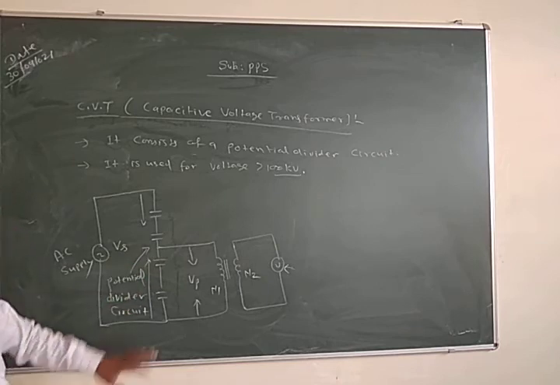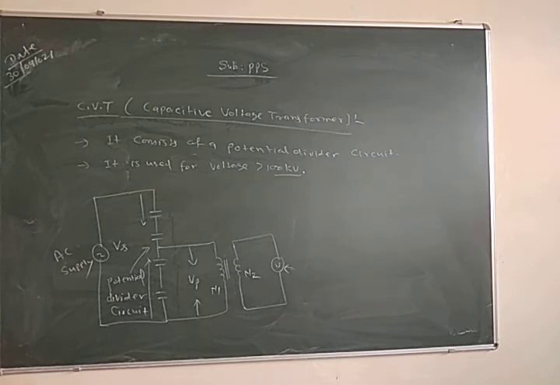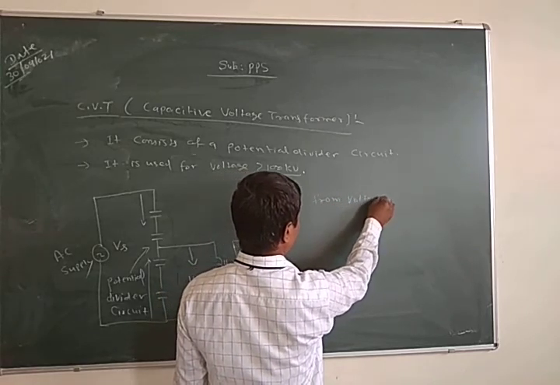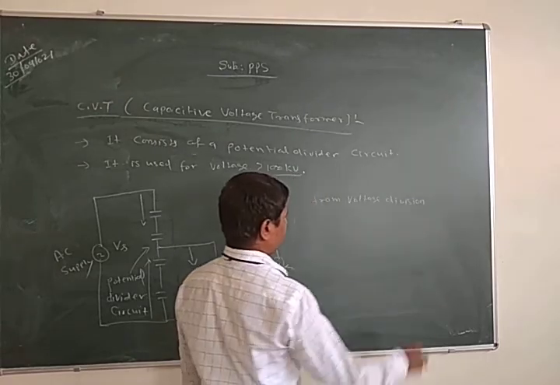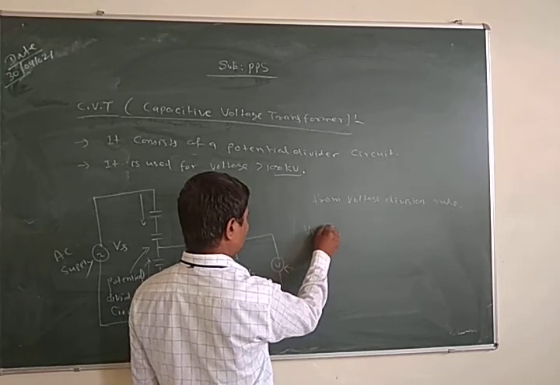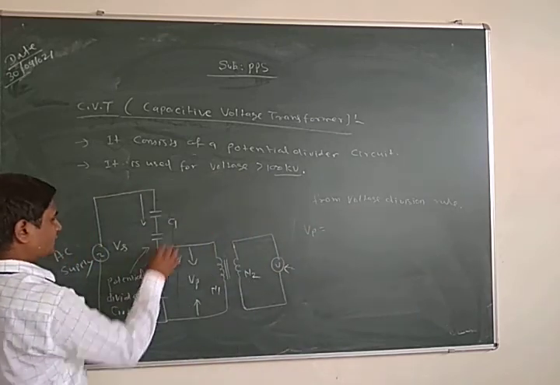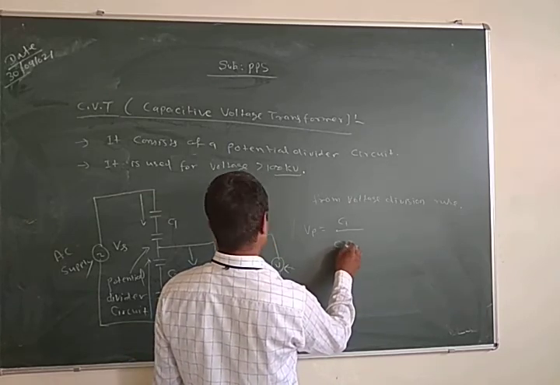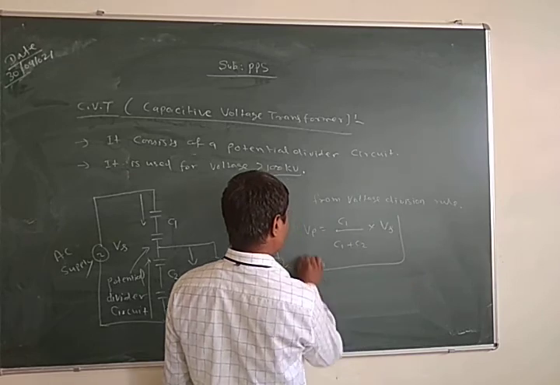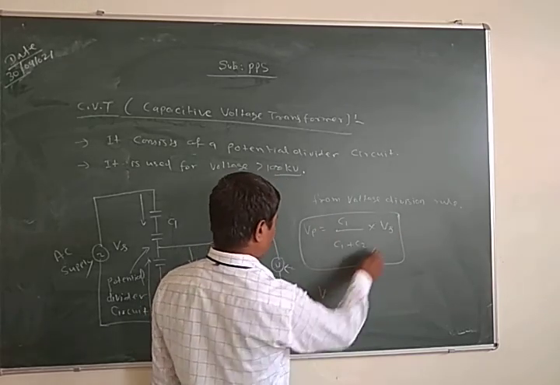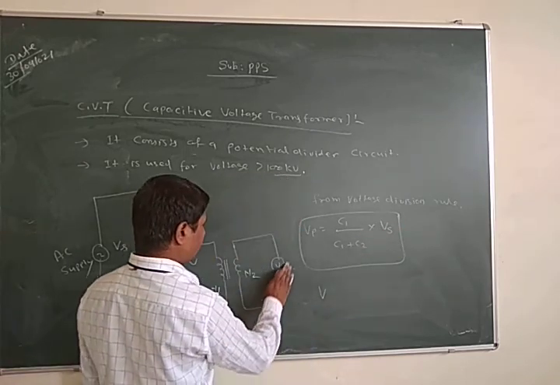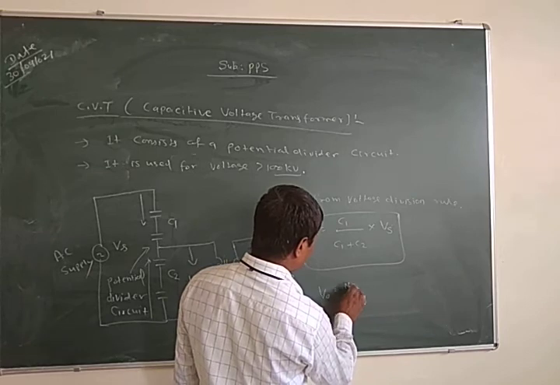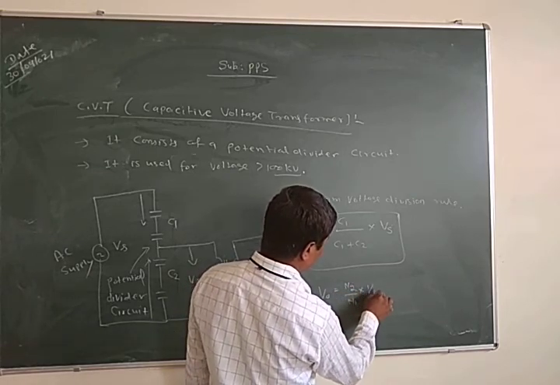If we consider only two capacitors here, then from voltage division rule, if each capacitance is C1 and this capacitance is C2, then Vp is equal to C1 upon C1 plus C2 into Vs. Secondary voltage we consider V0, so V0 will be equal to N2 divided by N1 into Vp.